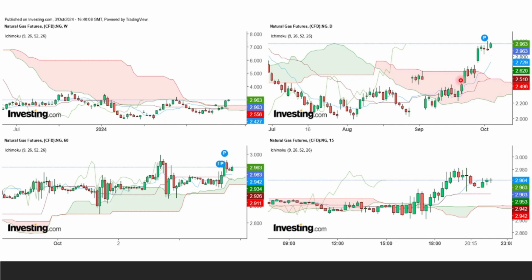And in fact, conservative traders wait till price candles are above the cloud for bullish trades, and for bearish trades they see that price candles are below the cloud. So when everything is favoring, then only conservative traders enter into trades.